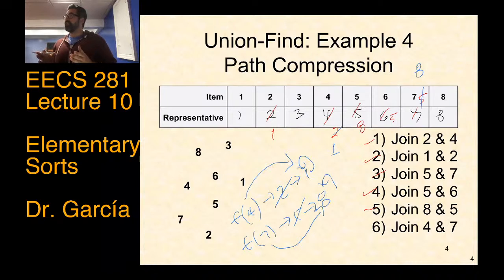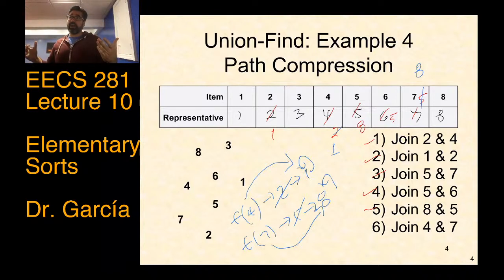In fact, the find not only has to traverse a path like before, but it also has to do an update. But because we only have to do this update once in a while, because once you updated the representative, chances are you don't have to update it again throughout the lifetime of the union find.